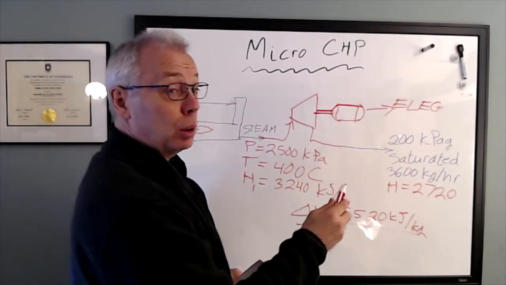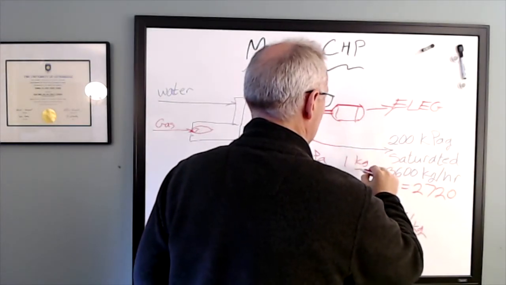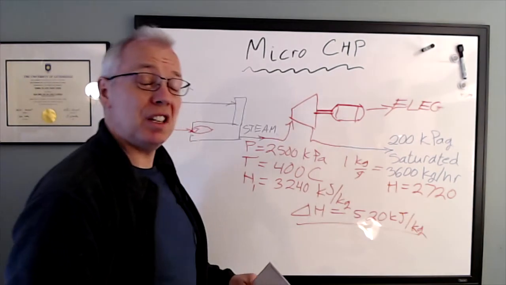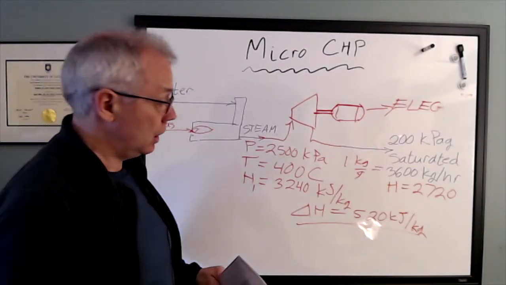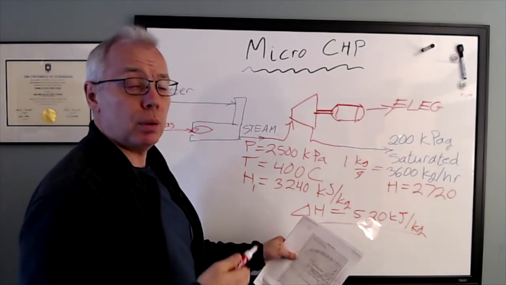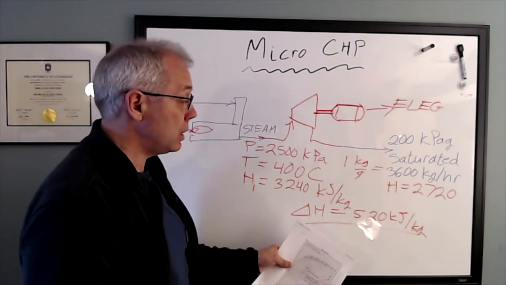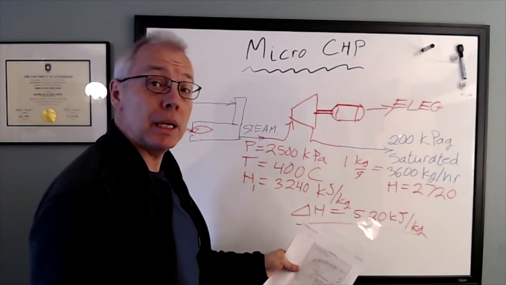Since our mass flow is very conveniently 1 kilogram per second, this says that the amount of power that we could make, if the world were perfect and we had a perfect 100% efficient isentropic turbine, we could make 520 kilowatts.